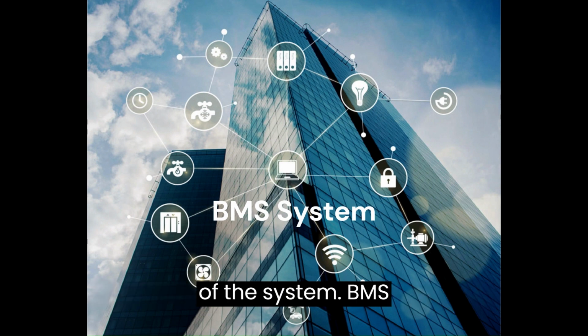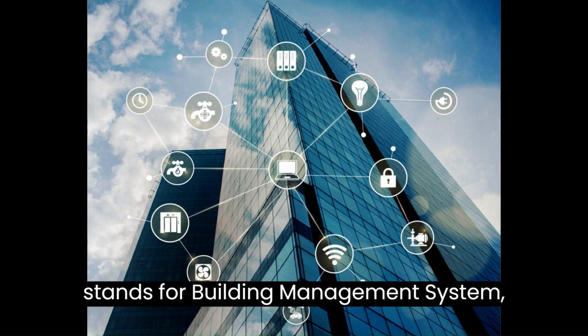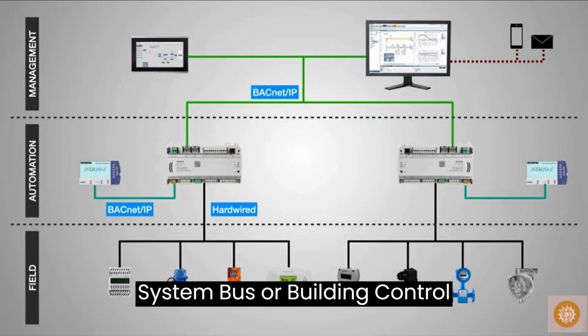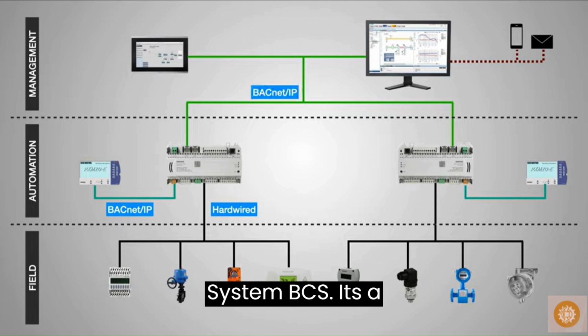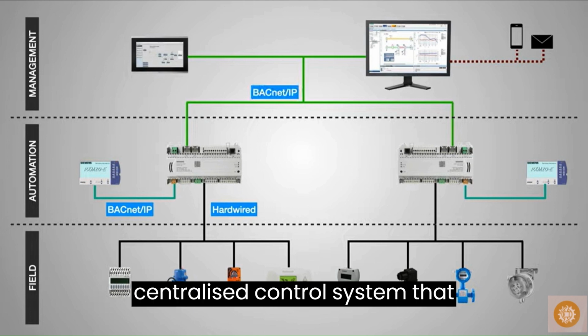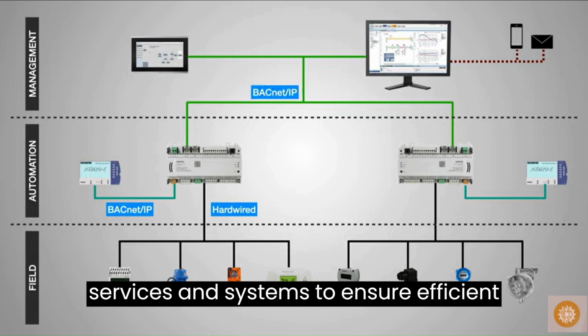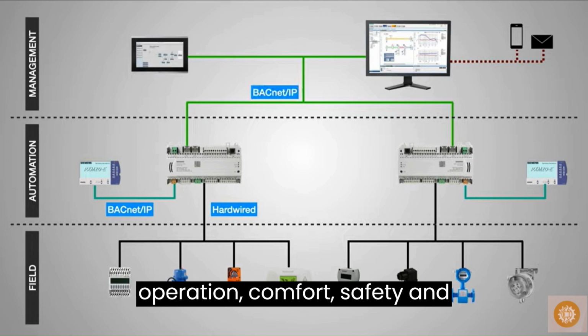BMS stands for Building Management System, also known as Building Automation System, BAS, or Building Control System, BCS. It's a centralized control system that monitors and manages various building services and systems to ensure efficient operation, comfort, safety, and security within a facility.